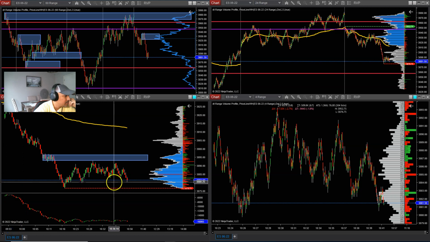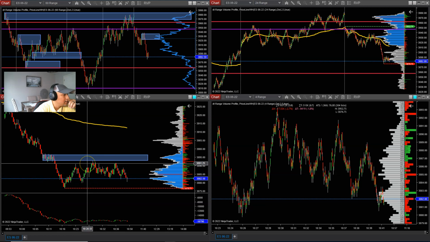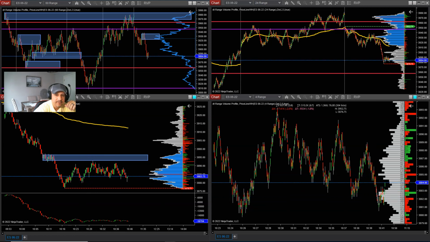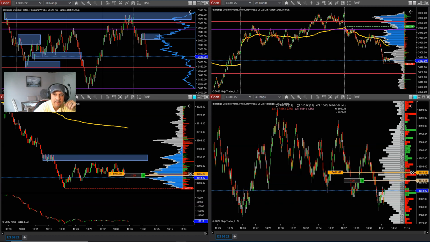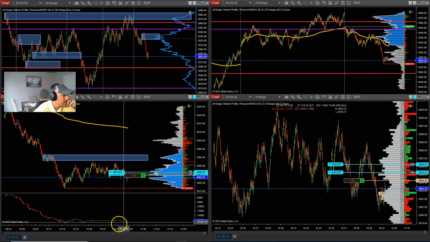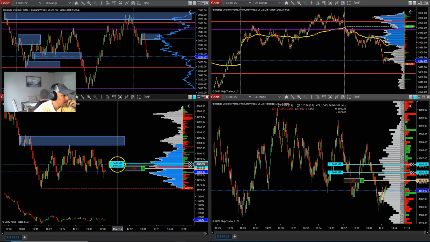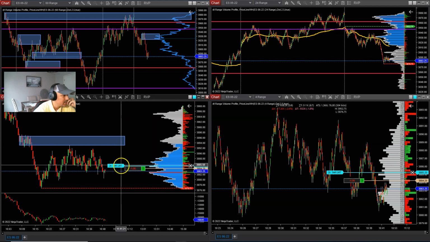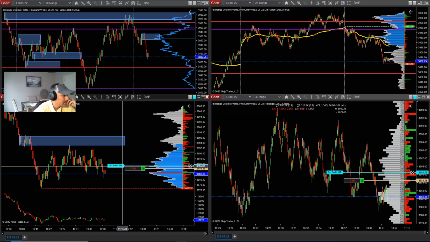Yeah, I just don't know about this trade here. Going long. Probably should do something more like this because price could... 84.75.